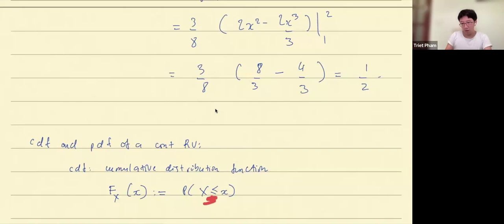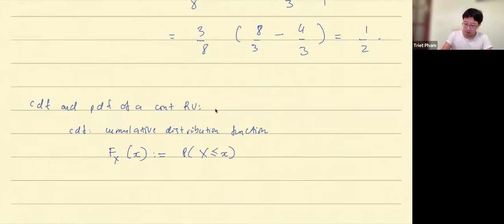So you want to keep the equal as good practice. But anyway, in terms of the PDF, it will be the integral from minus infinity to little x of f sub X of u du. And again, right here, pay attention to the notation.